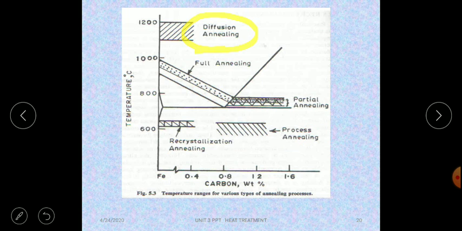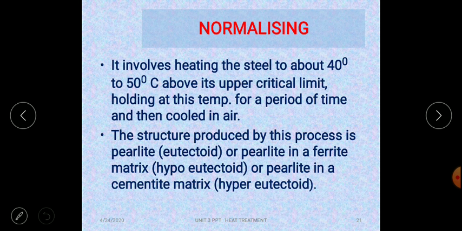Next one, diffusion annealing, up to more than 1000 degrees Celsius, or partial annealing. Recrystallization and process annealing means heating the steel and performing some sort of operation, and based on the cooling rates we will get different changes in the properties. This part we can discuss in detail in the next sessions.